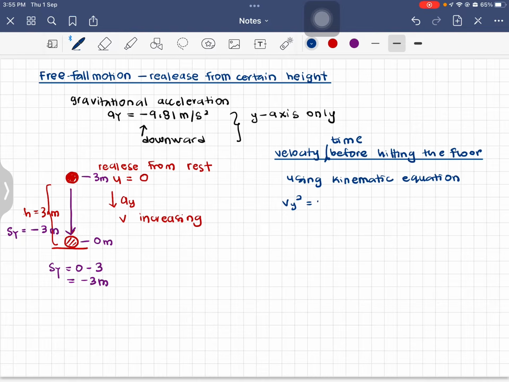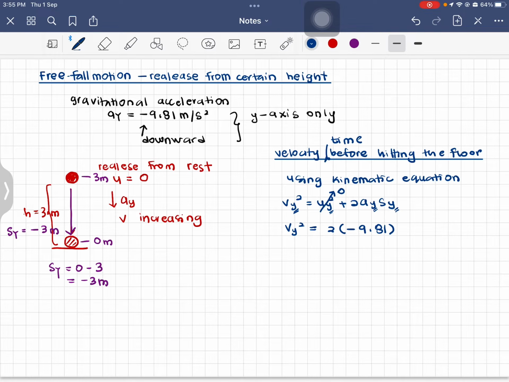Vuas: V squared equal to uy squared plus 2 ay sy. I will put it as y component here to show that we are considering only the y component. Now we want vy. Vy squared. This part is equal to 0, because uy equal to 0. Then 2, our ay is negative, remember that?